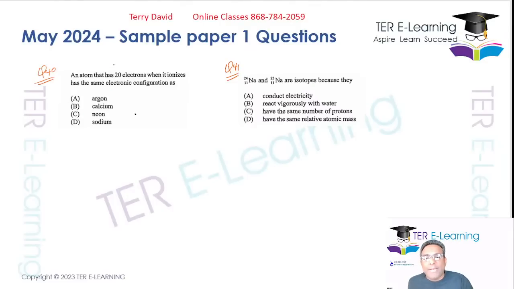So this is 20 electrons, right? The electronic configuration is 2, 8, 8, 2. When this ionizes, it's going to lose 2 electrons to give me 2, 8, 8. What happens when an element gains or loses electrons? It forms a stable electronic configuration.